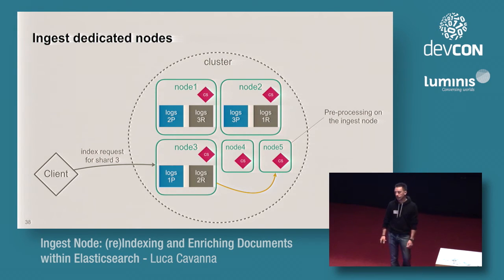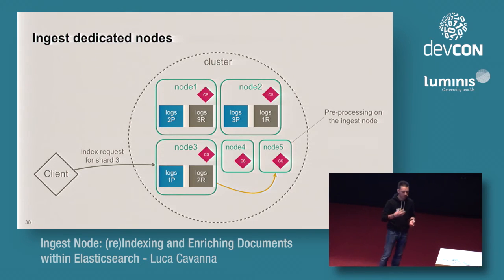What would have happened if the client had hit node 4 or node 5, the pipeline would have been executed directly there. We got lucky. But if we hit another node that is not able to run ingest pipelines, the request is going to be forwarded to a node that can do that. At that point, the pipeline will be executed on node 5.